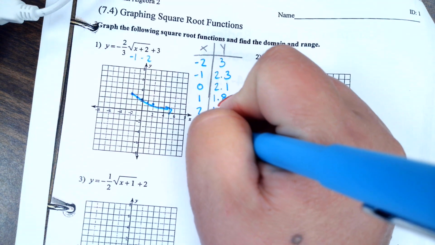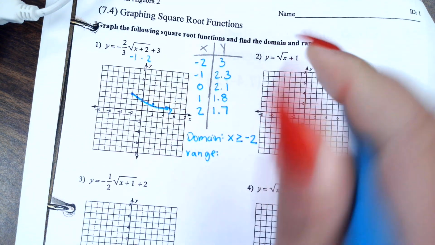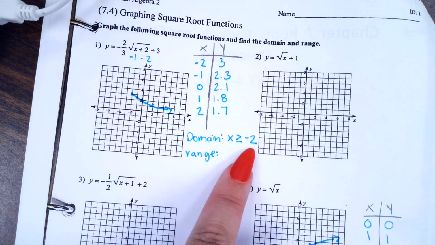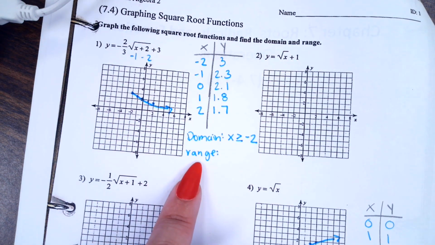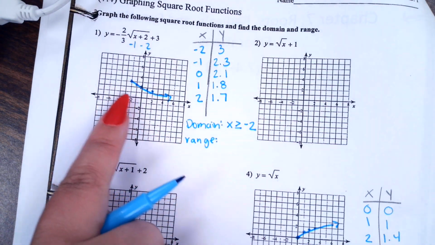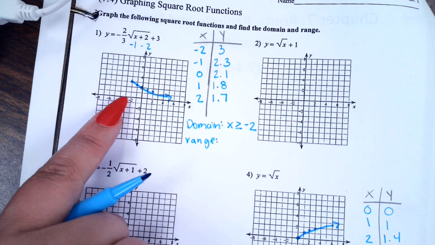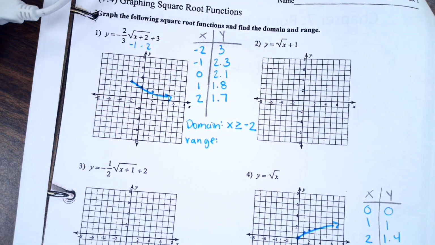So we're going to say x is greater than or equal to -2, because it can be -2 and any number greater than that. Our range are our possible y values. So our y values start up here at 3, and then they slowly go down, right?